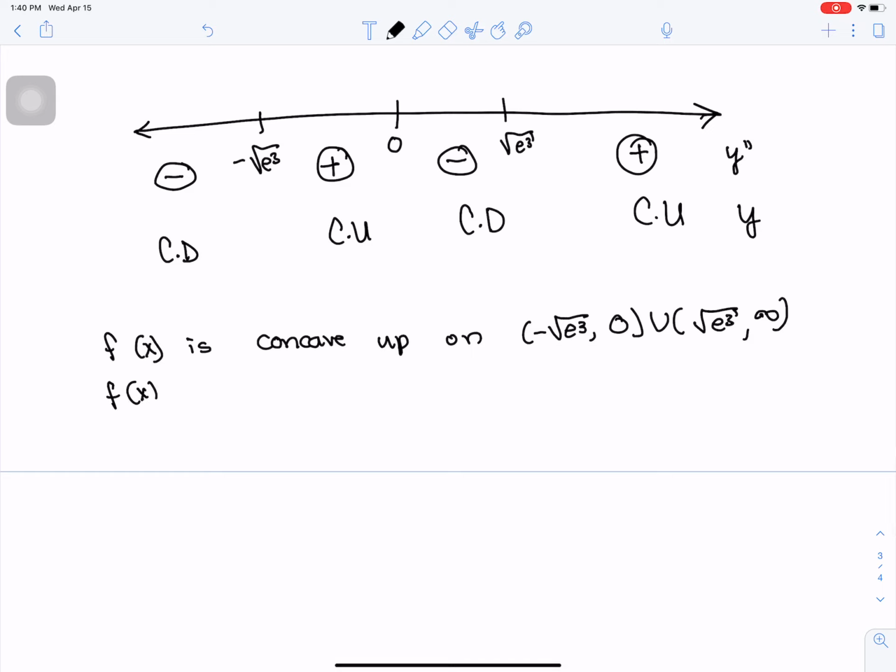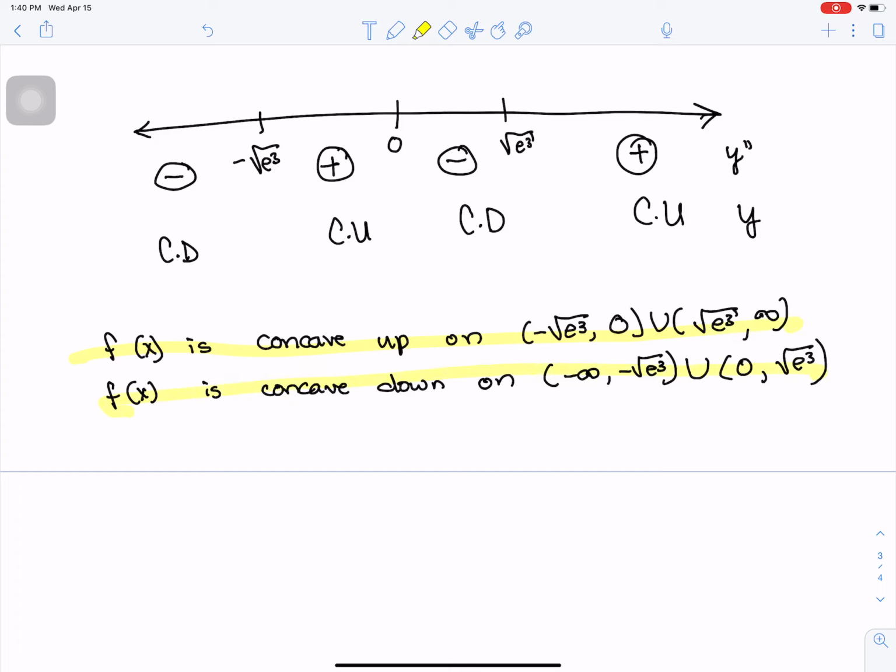F of x is concave down on negative infinity to negative root e cubed union 0 to root e cubed. So we know that concave up is when the second derivative is positive, concave down is when the second derivative is negative. Those are part of my solution.